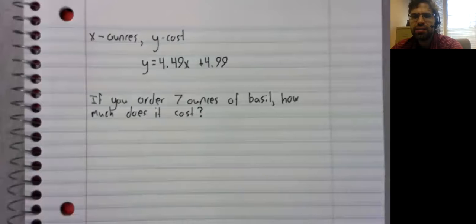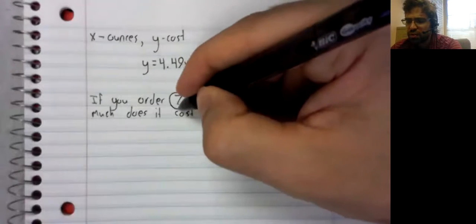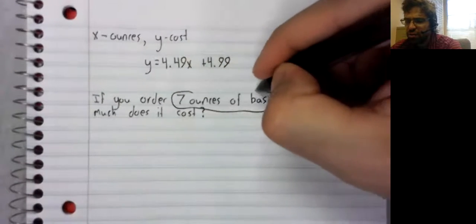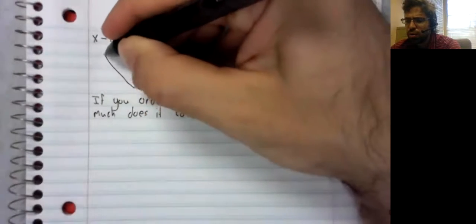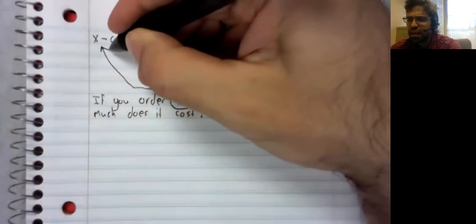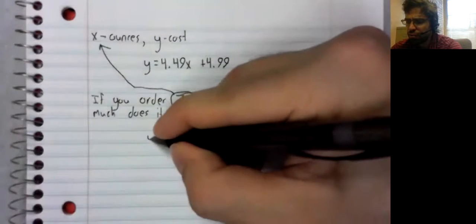You should always ask what you're given, what you're looking for. 7 ounces of basil is an X value, not a Y value.